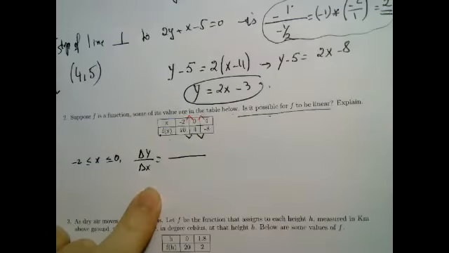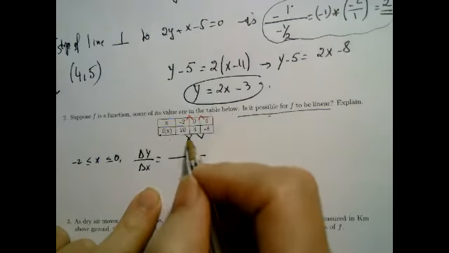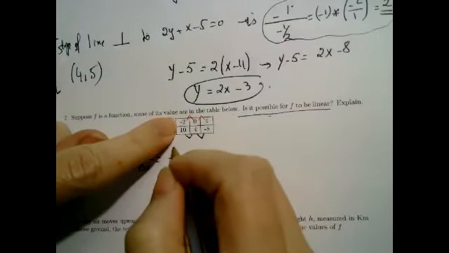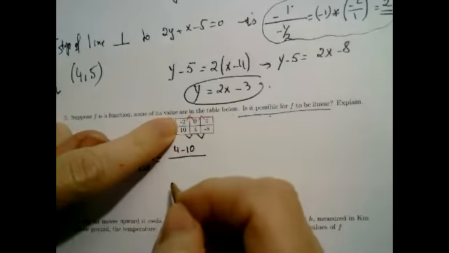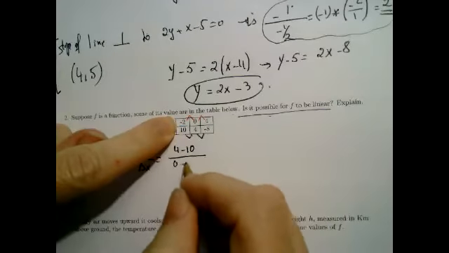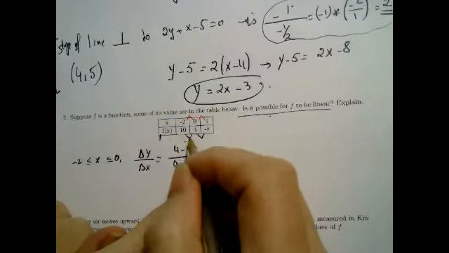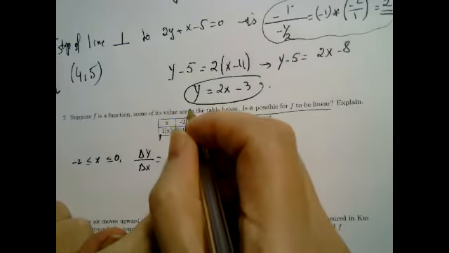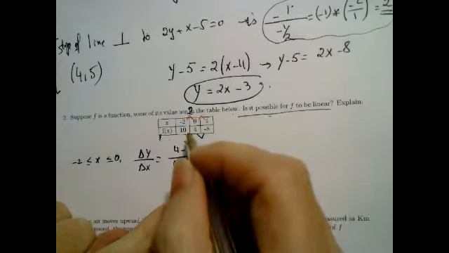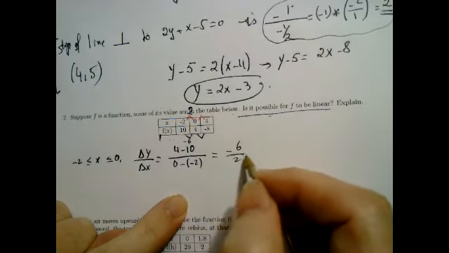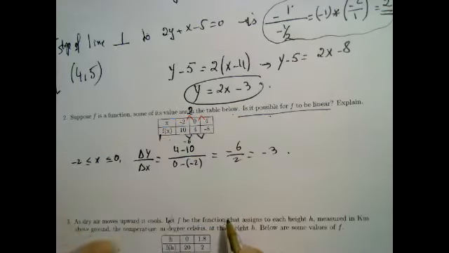Some students are still reversing them. Be very careful. It's the output. It means 4 minus 10 over 0 minus 2. From here to here, we went down by 6, but x changed by 2, making the ratio minus 6 over 2, which is minus 3.